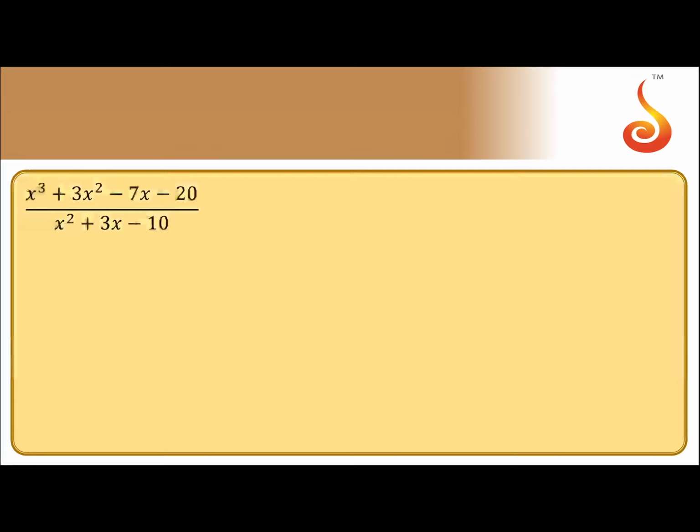Let me present it. First one, the general method: dividing the numerator by the denominator, x cube plus 3x square minus 7x minus 20 divided by x square plus 3x minus 10. x times gives x cube plus 3x square minus 10x.